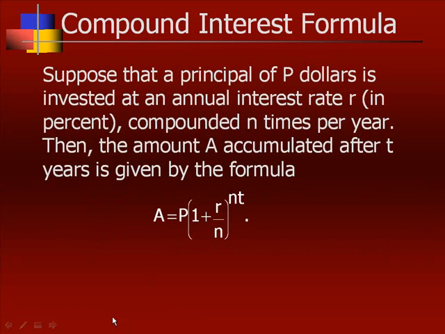Our compound interest formula that you will need to know for the test. Suppose that a principal of P dollars is invested at an annual interest rate R in percent, compounded N times per year. Then the amount A accumulated after T years is given by the formula A equals P times 1 plus R over N to the NT power.